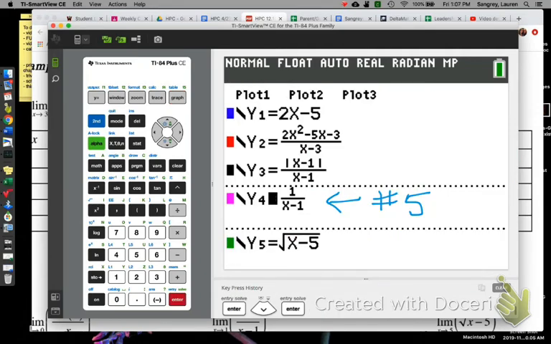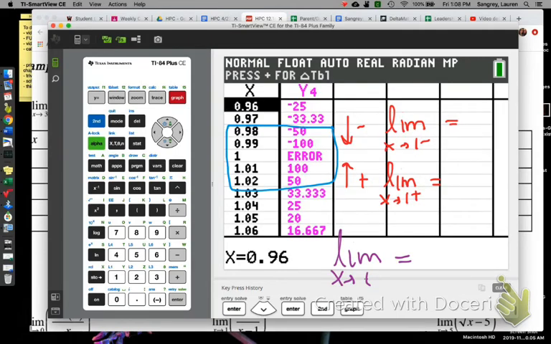All right, the next example, I'm actually going to skip to number 5. So you want to type that one into your calculator and change your table to start at 1. All right, here is your table for example 5. This one can be a little tricky to notice.